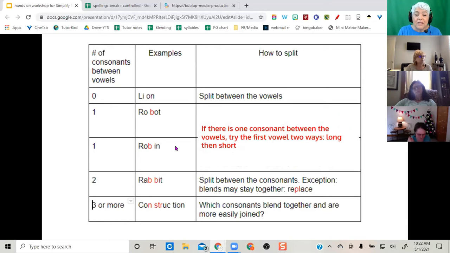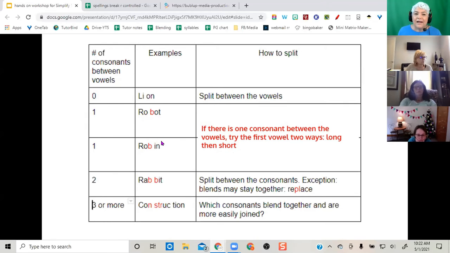Rather than labeling this one an open syllable because it says robot, and this one a closed syllable because it's rob in, I'll just say, okay, you see one consonant here? Try the syllable two ways, ro-bot or rah-bot. Is it robot or robot? Oh, it's robot.